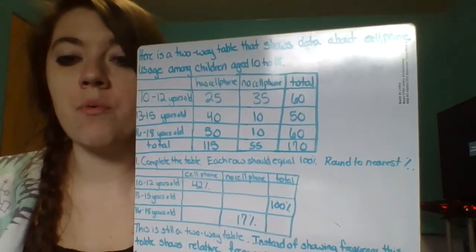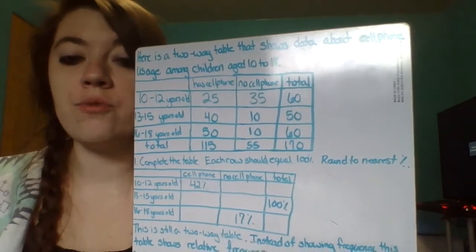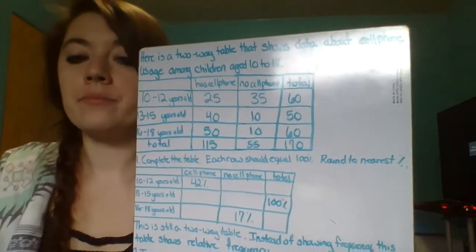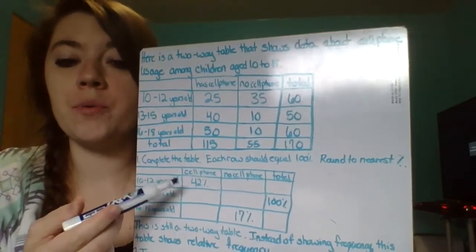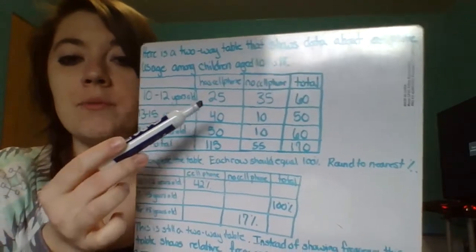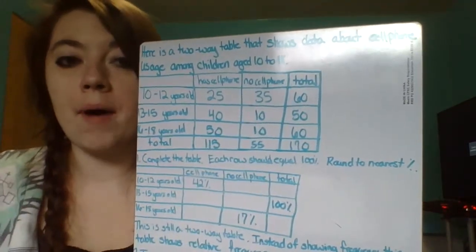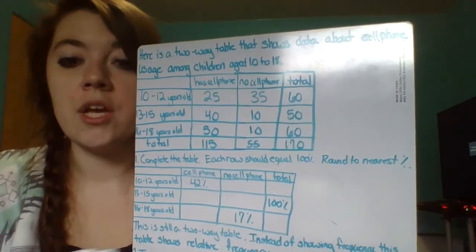Okay, so for number 1, complete the table. Each row should equal 100%. Round to the nearest percent. So for 10 to 12-year-olds, they already have the 42 written in here. How we got that is we took 25 and divided it by 60 and then multiplied that by 100 to get our percentage.